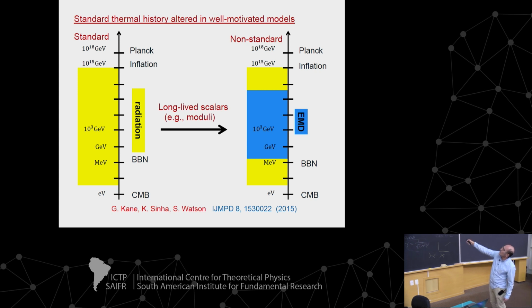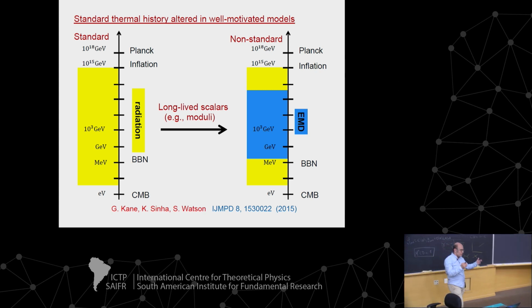A non-standard thermal history is anything that is different from this, so it's not all yellow. And a well-motivated scenario is an early period of matter domination, which I call EMD from now on. For example, we can have long-lived scalars like moduli, or long-lived heavy particles that may be produced thermally and then dominate, and then they drive a phase of early matter domination.